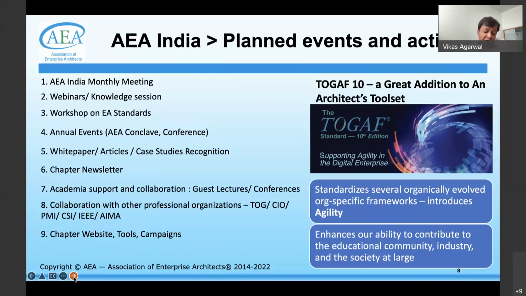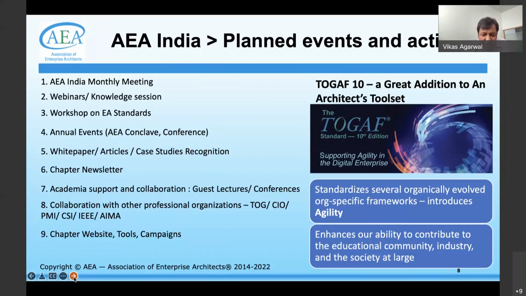We need to ensure that we provide a greater user experience to our members, to everybody who learns about all things enterprise architecture. So we would be working on several tools, social campaigns, promotional campaigns, and working on the website.